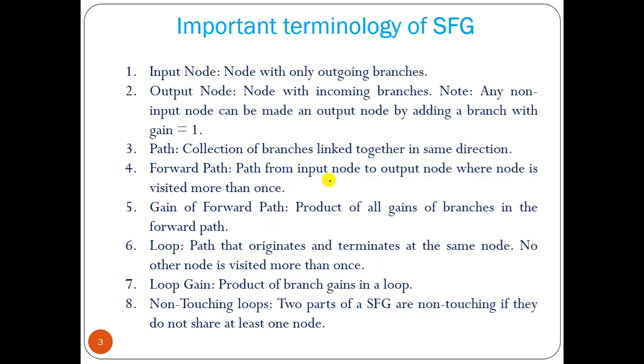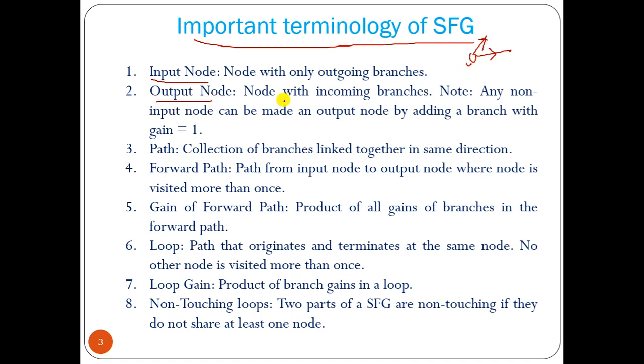So, going into the discussion about signal flow graph, we have to know some points. First is the input node. The input node is the node with only outgoing branches. That is called an input node.